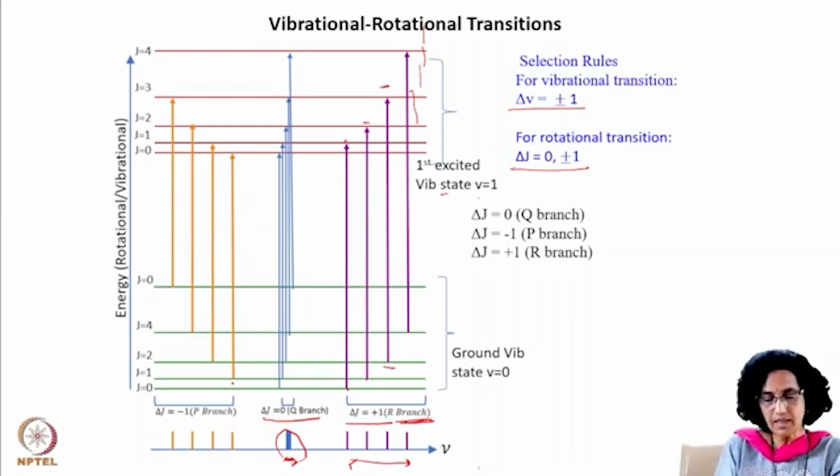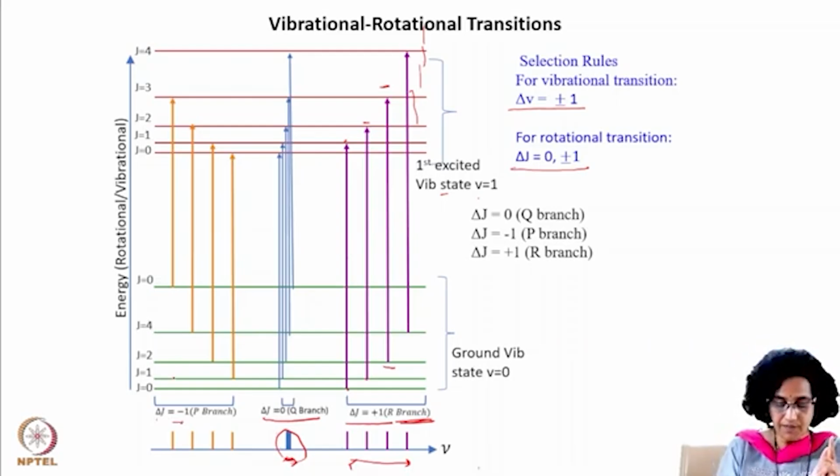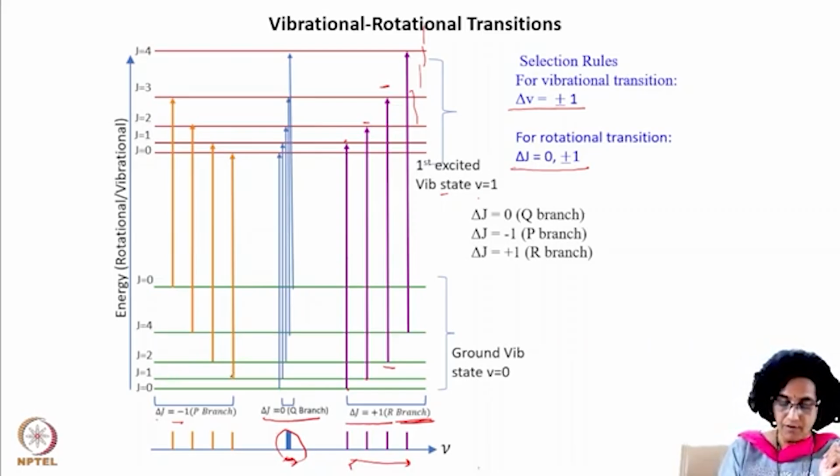Now let us come to the left side of it, where delta J is equal to -1. Now you see we have these rotational levels, and delta J equal to -1 can also happen in absorption when from J equal to 1 it goes down to J equal to 0.